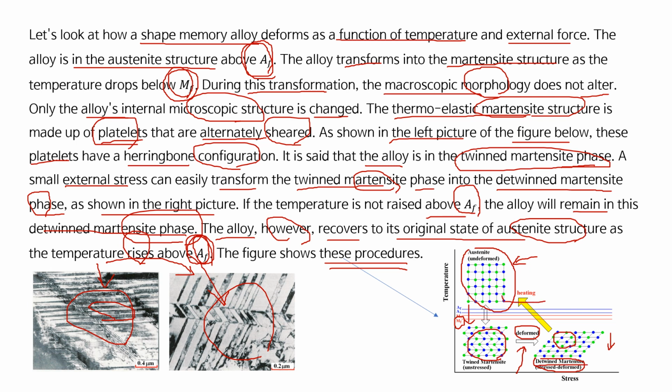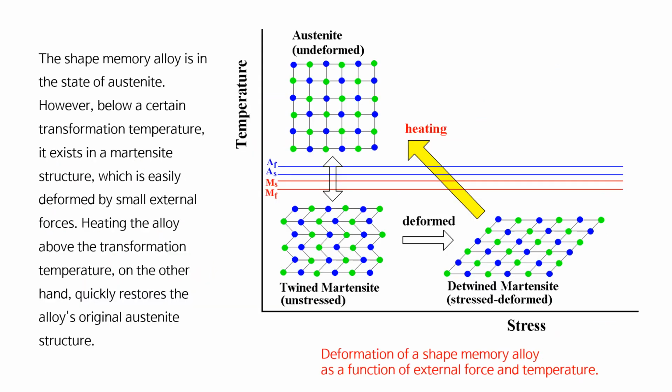But if we heat up the alloy, then this alloy recovers to its original shape, the austenite phase. The same memory alloy is in the state of austenite. However, below a certain transformation temperature, it exists in the martensite structure.